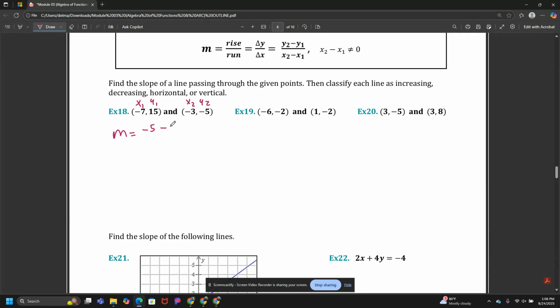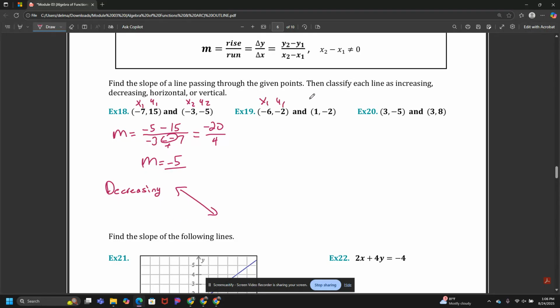So I'm going to have -5 minus 15, over -3 minus -7. Two minuses make a plus. I always circle them. -5 minus 15 is -20. -3 plus 7 is 4. -20 divided by 4 is -5. It's negative, so it's a decreasing line, meaning it's going down. Okay.